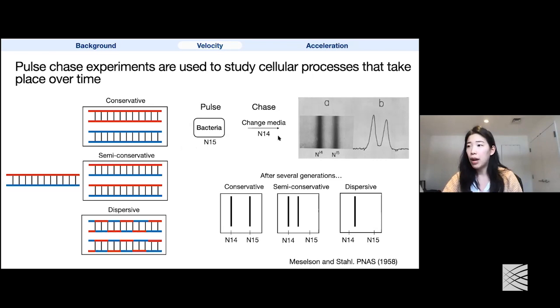Then they purified DNA from the bacteria, put it in a cesium chloride gradient, and compared what they saw to standards where all of the DNA has N14 or N15. Based on the bands you see after many generations, you can determine that replication is semi-conservative out of your 3 hypotheses. And you can imagine doing a similar thing with RNA, where you add a compound that incorporates over time as a pulse that can be measured later.